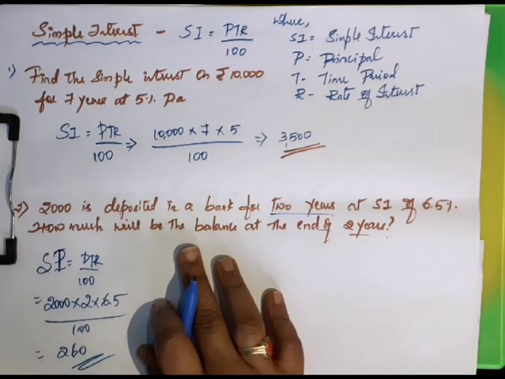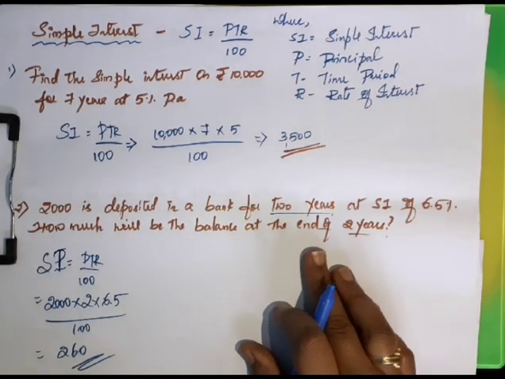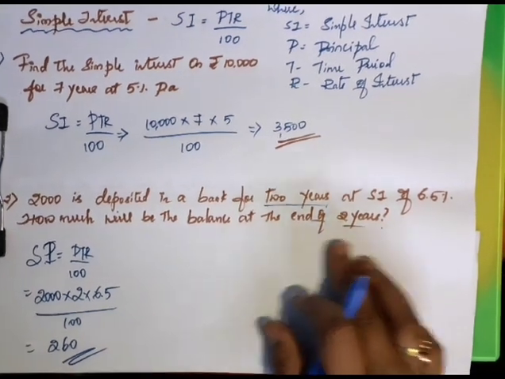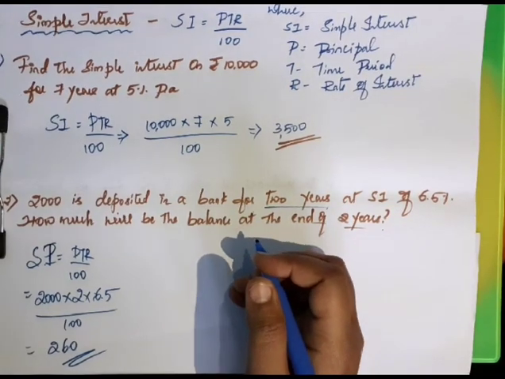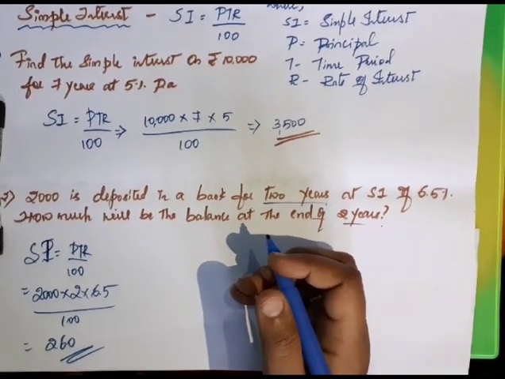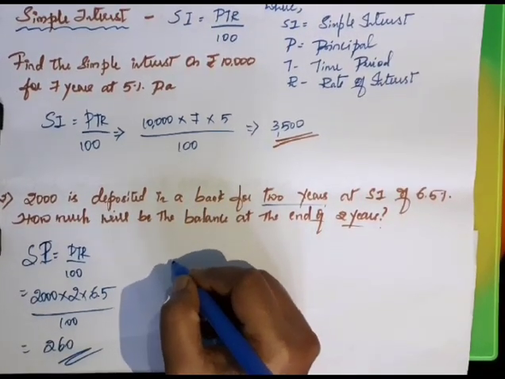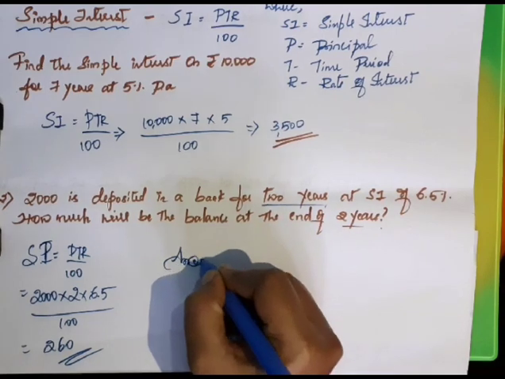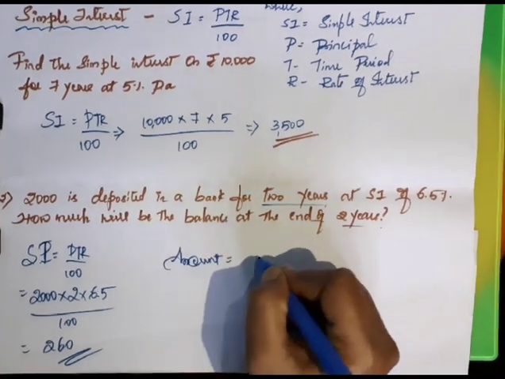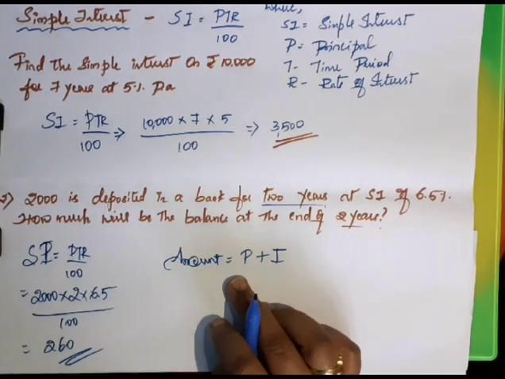Here they are asking us to calculate the amount also, that is the available balance at the end of the second year. So how to calculate the balance amount? See, here are two methods of calculating the balance. We will call it amount, and amount is equal to P plus I. P stands for principal, that is the original investment.